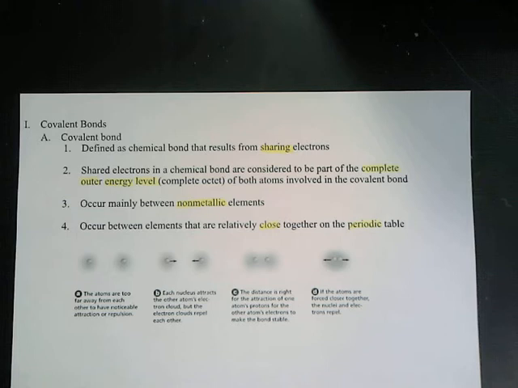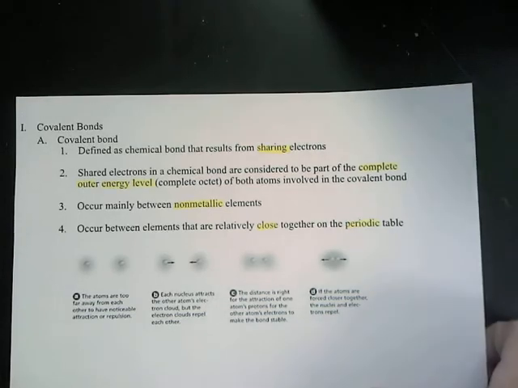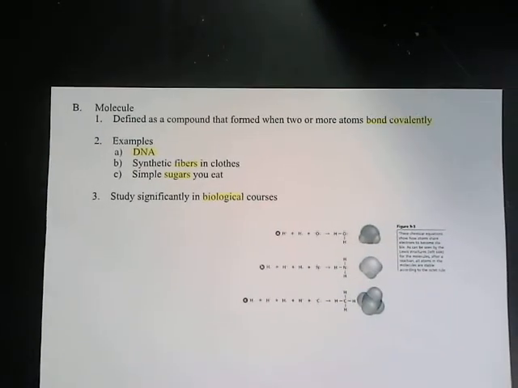Most of the time, these elements are on the right-hand side of the periodic table, are non-metals, and it's a relatively small group that goes into these covalent bonds, and we'll talk about that in a second.